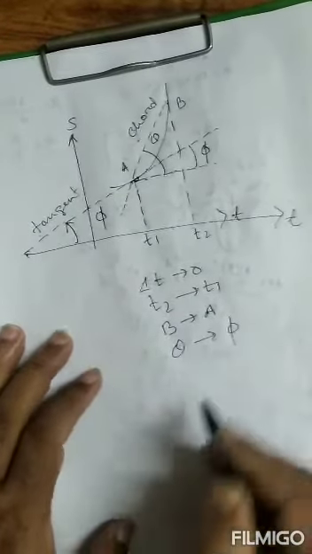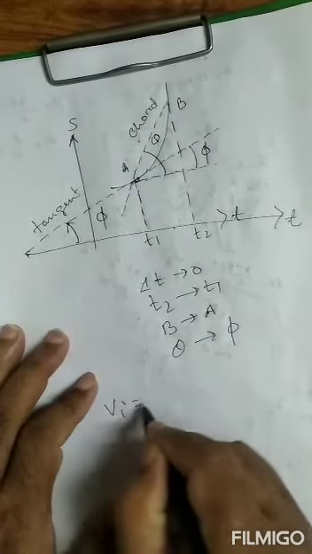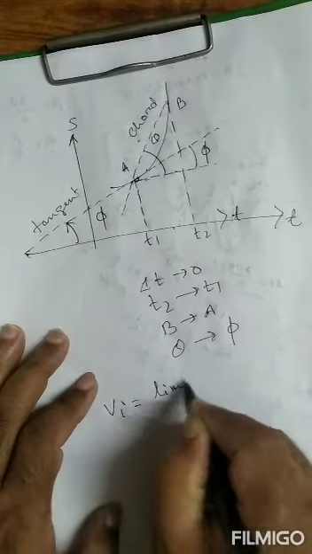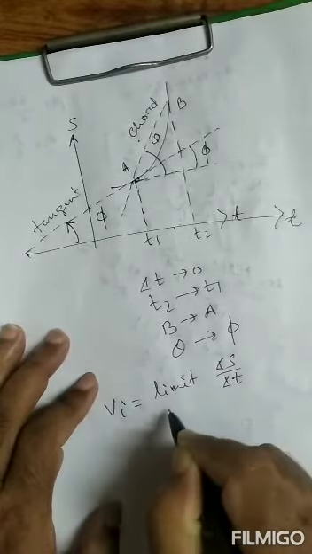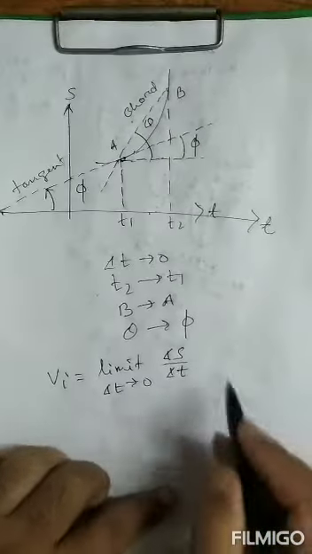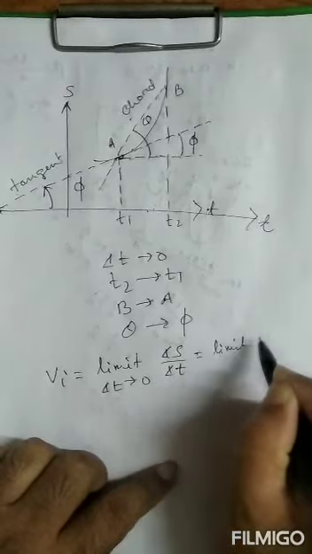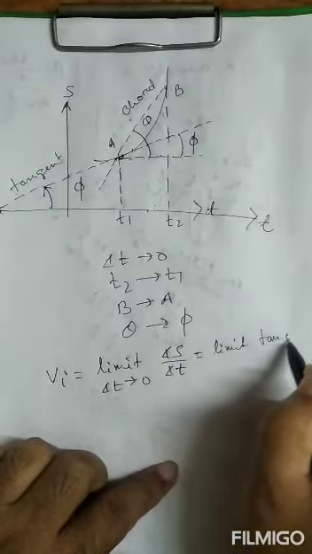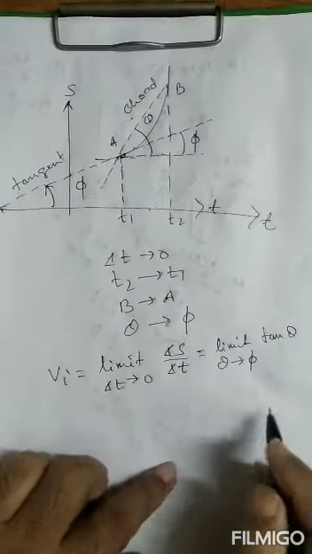Theta tends to phi. Therefore, instantaneous speed is equal to limit. It is the limiting condition of the average speed when delta t tends to 0. So therefore it is the limit when delta t tends to 0. When delta t tends to 0, theta tends to phi.